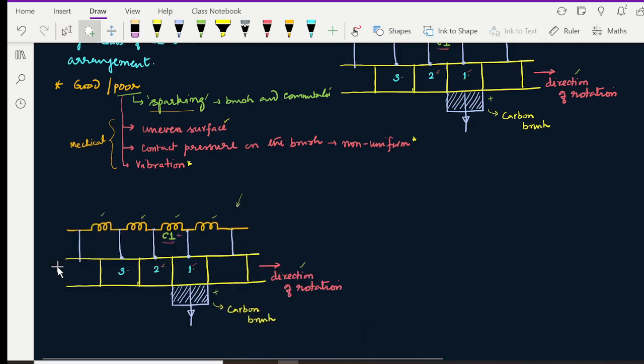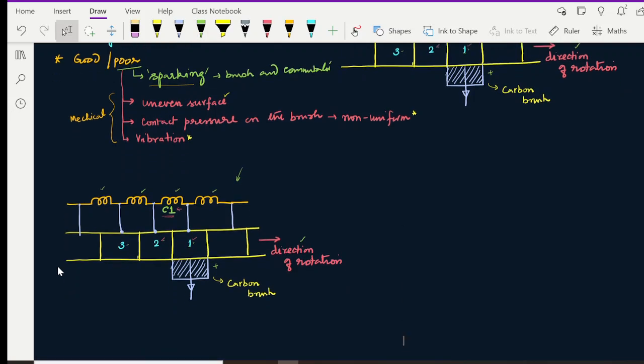So as I mentioned, we are very particular in terms of looking at the current reversal which is going to happen with respect to coil 1. First, at this moment, let us mark the current directions in the coil.